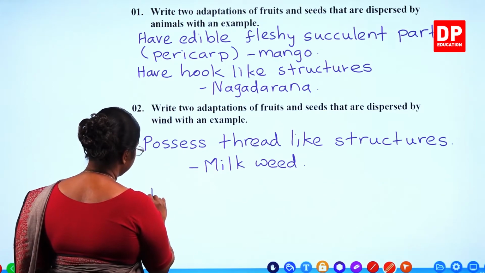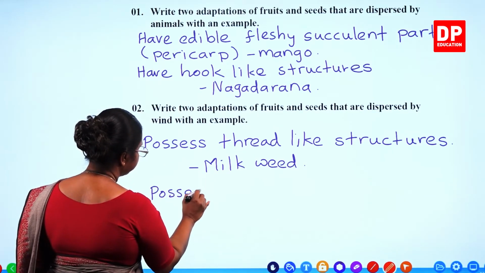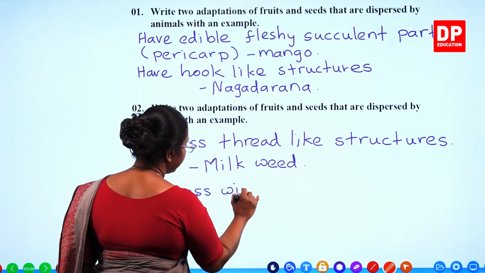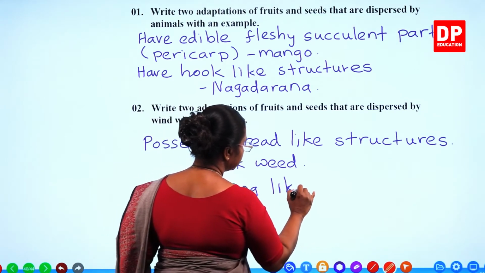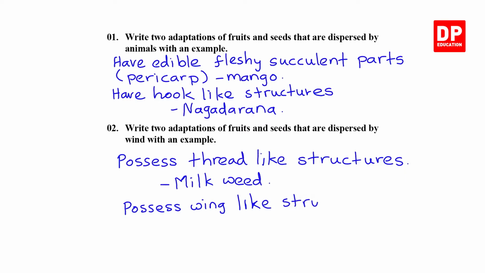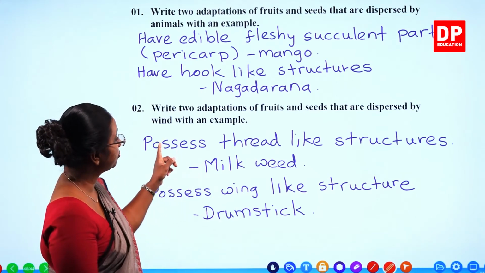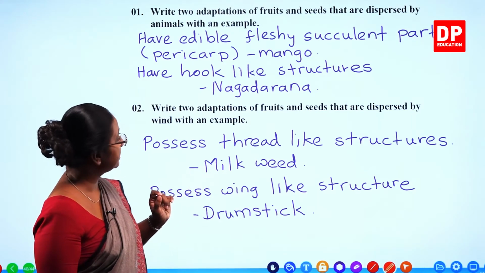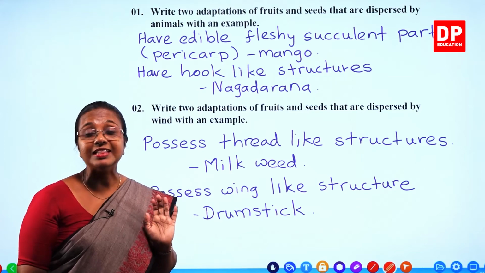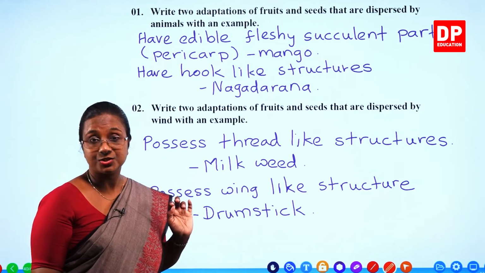Then we can also say possess wing-like structures. So for that, I will write drumstick. So these are examples of different adaptations shown by fruits and seeds that are dispersed by wind. With that, students, I will move on to the next question.